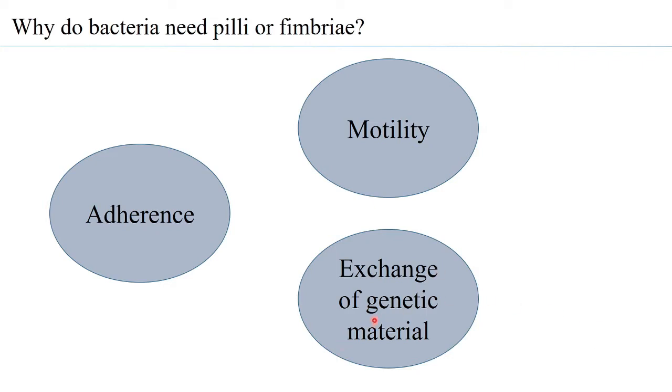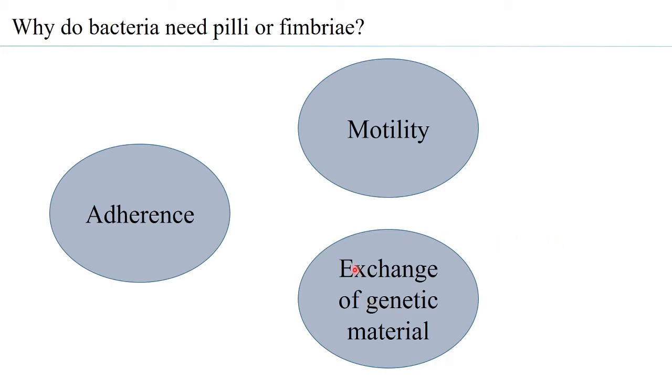So effectively, due to the exchange of genetic material, the entire population of bacteria can become resistant to a particular antibiotic, and thereby the biofilm or the community is able to protect itself from antibiotics.